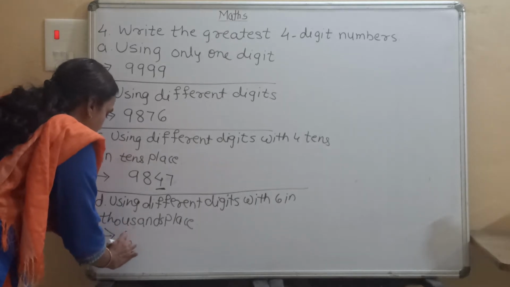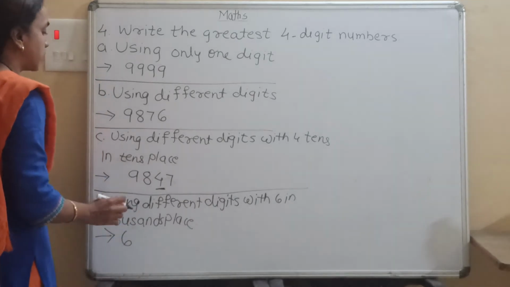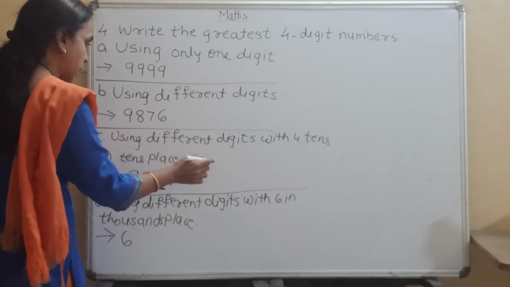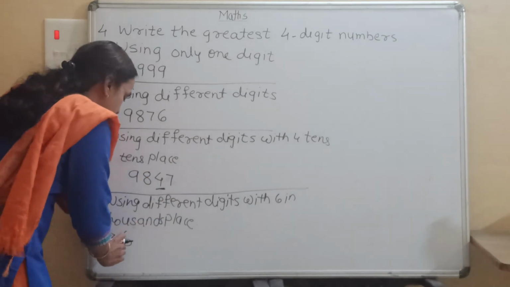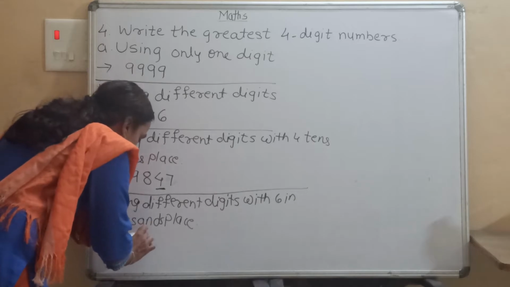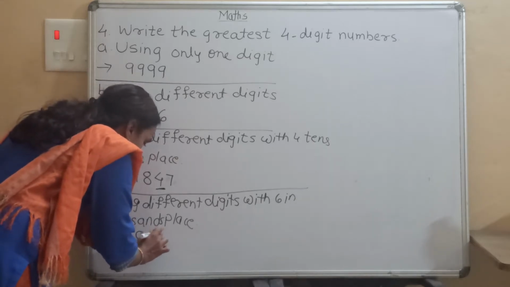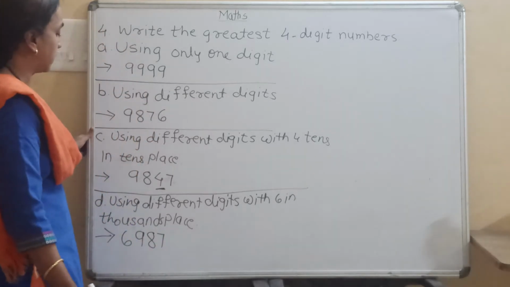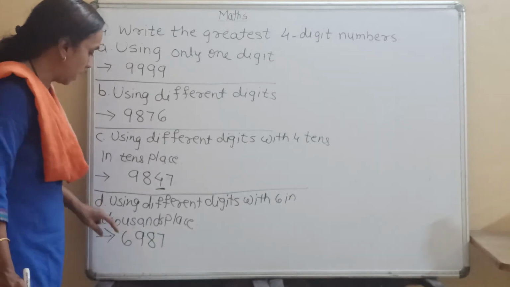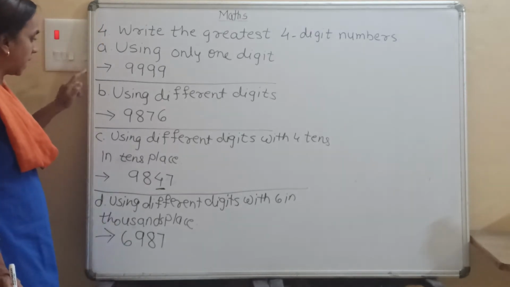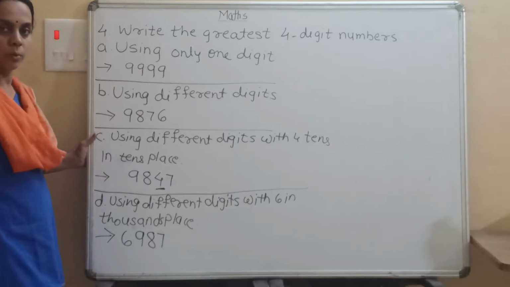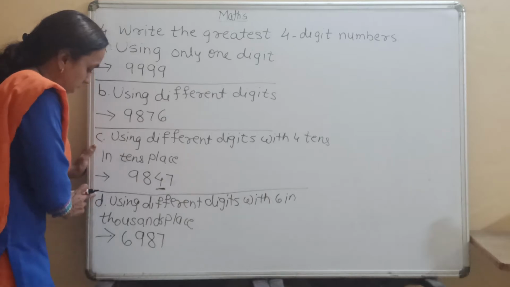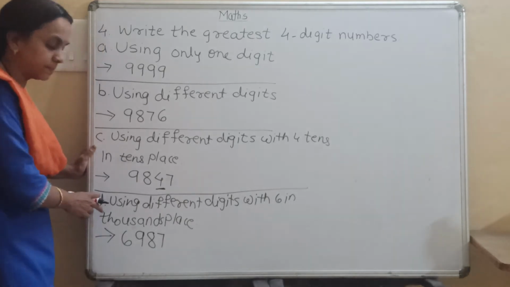So first you write down 6. Now using this 6 in thousands place, we have to write down the greatest 4-digit number. So we can write here 6987. So in this way you have to complete this A, B, C, D, this 4th question in your notebook. So complete it in your notebook.